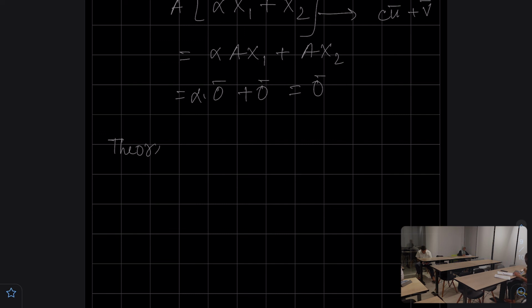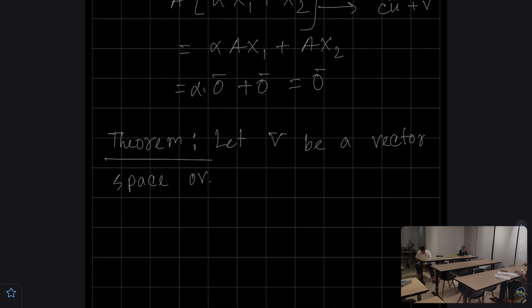So I'm considering V a vector space, and some subspaces of this vector space V. If I take the intersection of all these subspaces, then I will get another subspace.